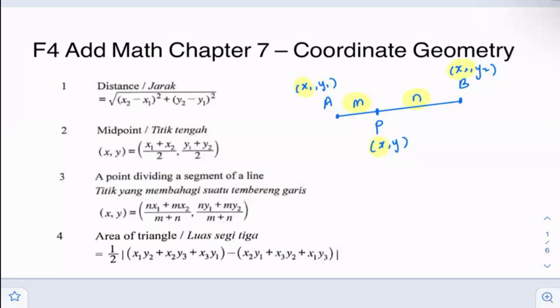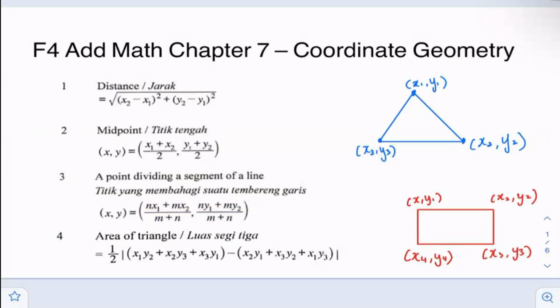That's why you can see here I have n x1 plus m x2 divided by the sum of the two ratios, so it will be m plus n. Same goes for your coordinate y. You have to use y1 multiplied with the opposite ratio, y2 multiplied with m, so you have n y1 plus m y2 divided by m plus n.